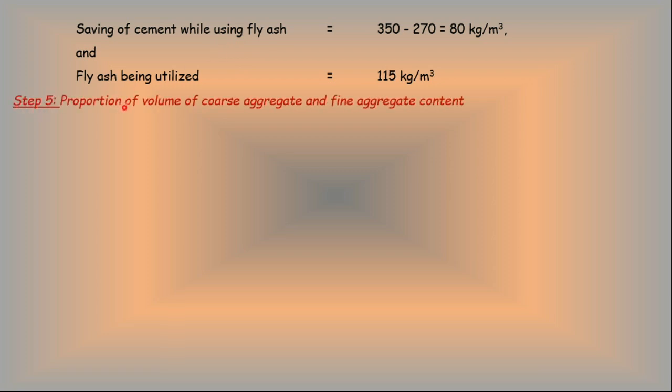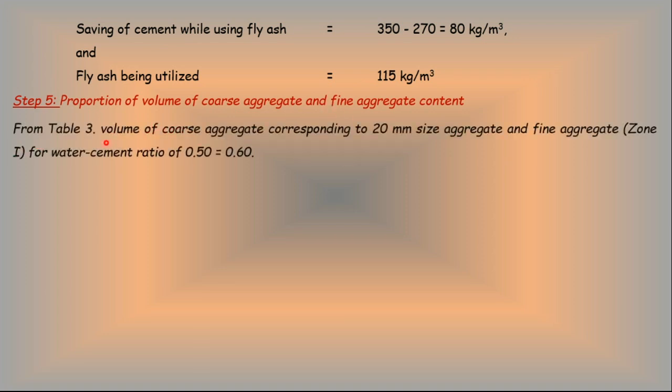Step 5. Proportion of volume of coarse aggregate and fine aggregate contents. From table 3, volume of coarse aggregate corresponding to 20 mm size aggregate and fine aggregate of zone 1, water to cement ratio of 0.5. The table is for 0.5 water to cement ratio.